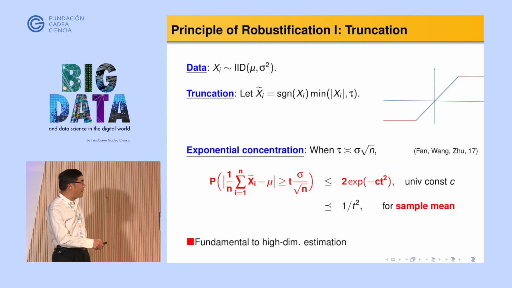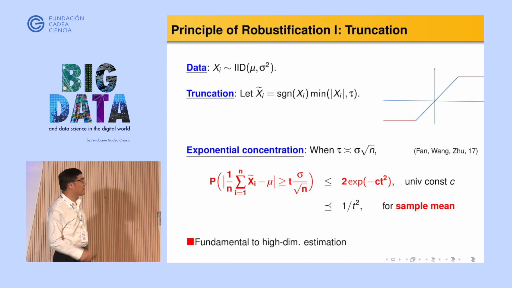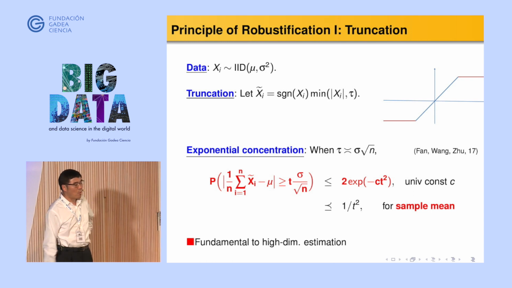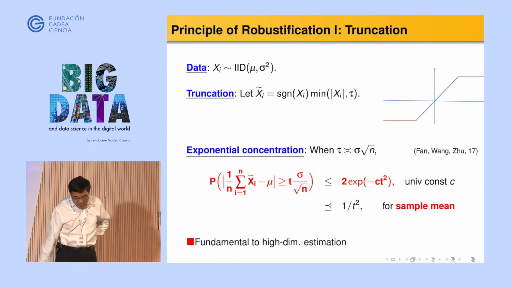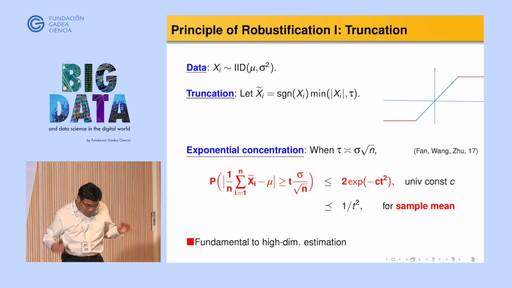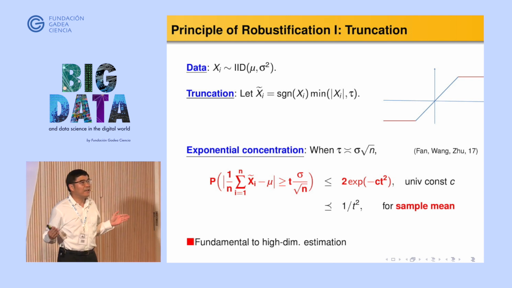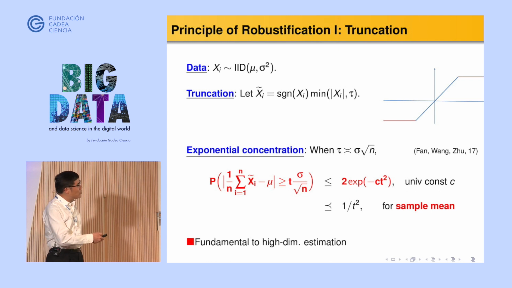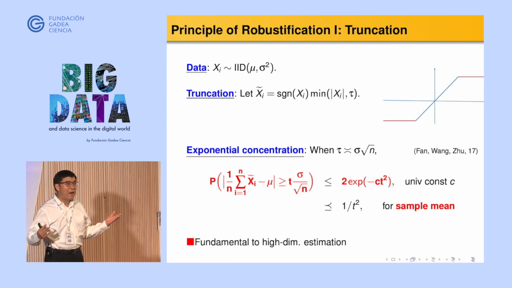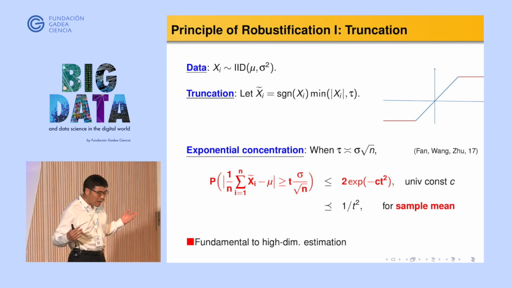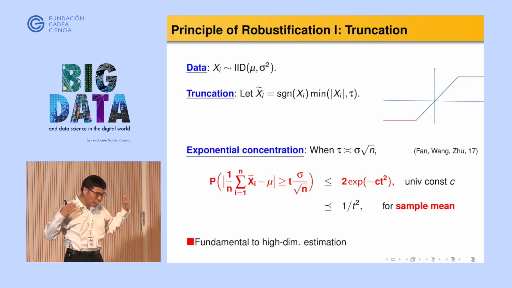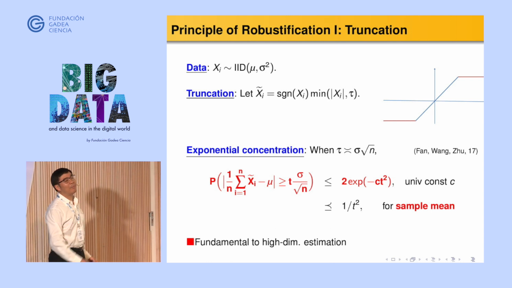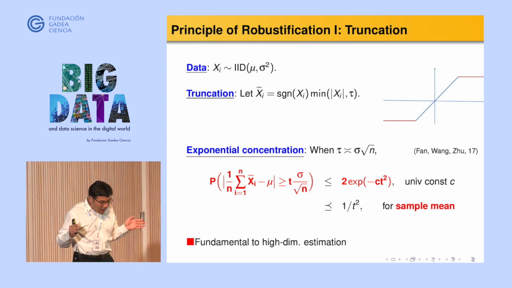The sample average based on truncated data deviating from the population average by t standard errors would be exponentially concentrated. In words, even though the data is not normally distributed, by doing truncation your sample average behaves pretty much like the sample average of normal data, which would still be normal. So this is the power of truncation.